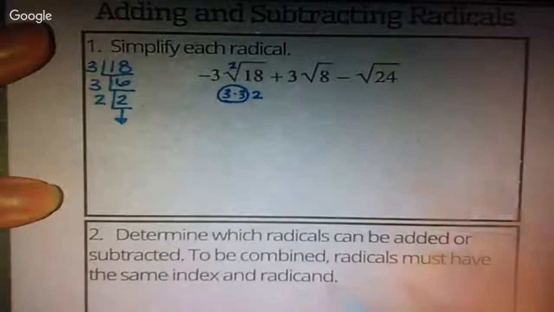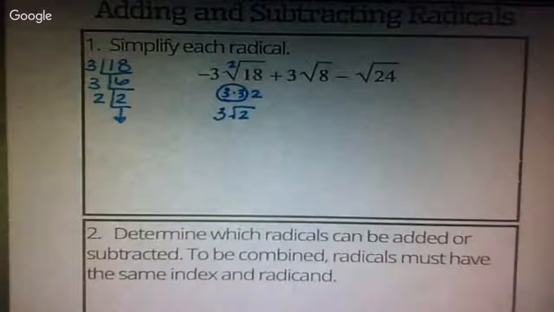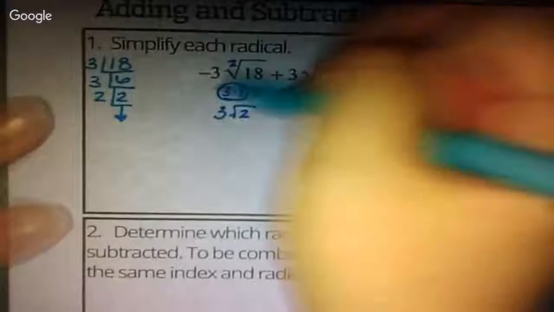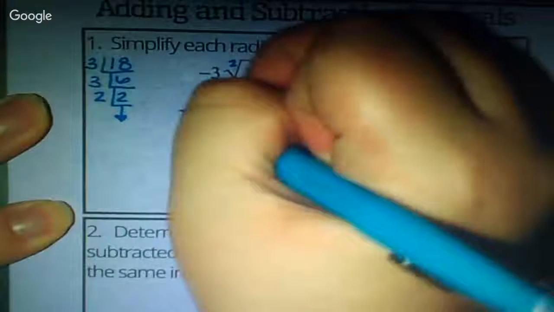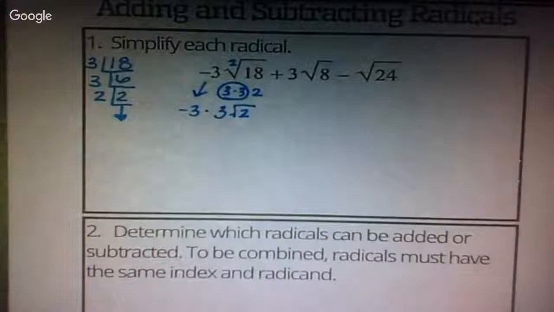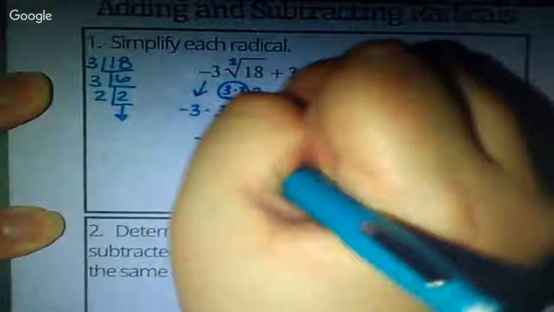Okay, my 3 comes out front, and I'm left with the square root of 2. Don't forget, though, I already have this -3 that needs to drop down. When I already have something out front, it gets multiplied by whatever else you bring out front. So this actually becomes -9 square roots of 2.